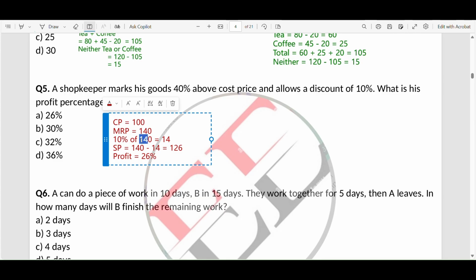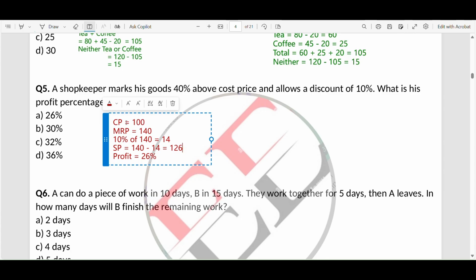The 10% would be 14. So 14 rupees he will deduct. So the selling price is 140 minus this discount 14. So when we do that, we will be getting 126. So this is the selling price.